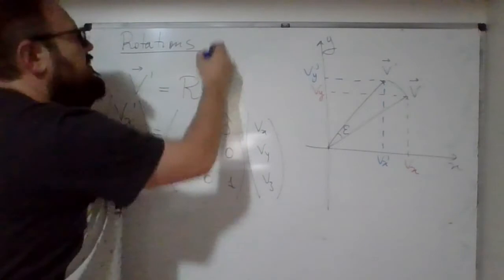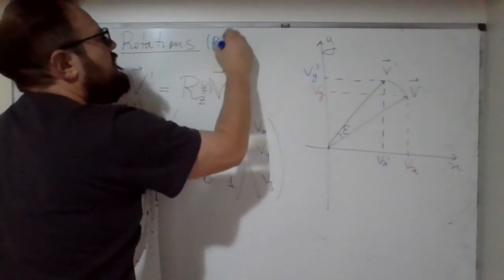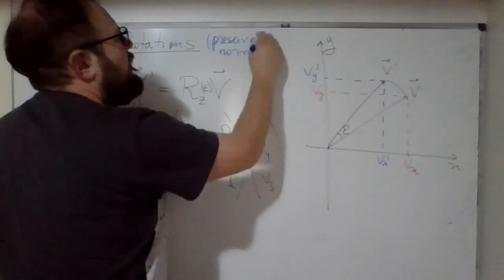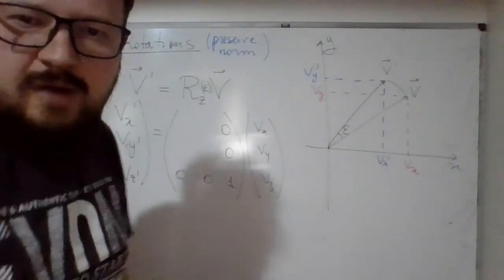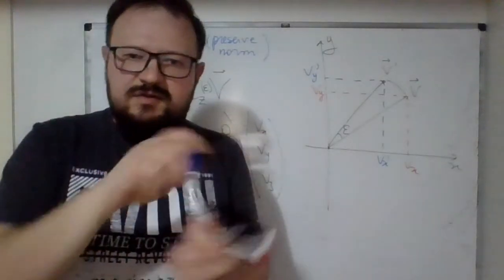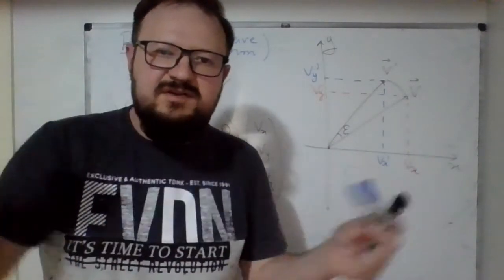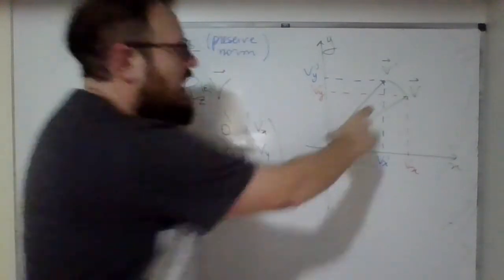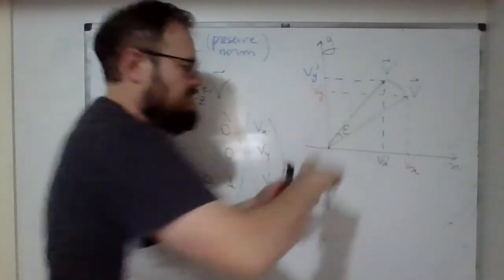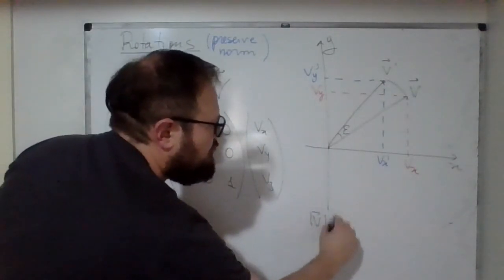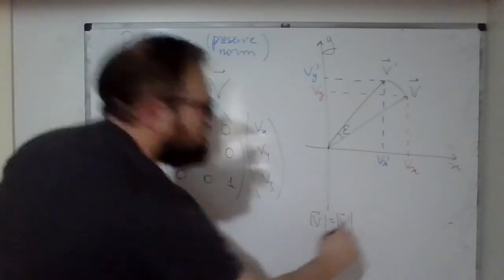Remember that rotations preserve the norm of the objects. Rotations do not change the size of the object. The object remains at the same size. So this size is the same, which means the modulus of V is equal to the modulus of V primed.